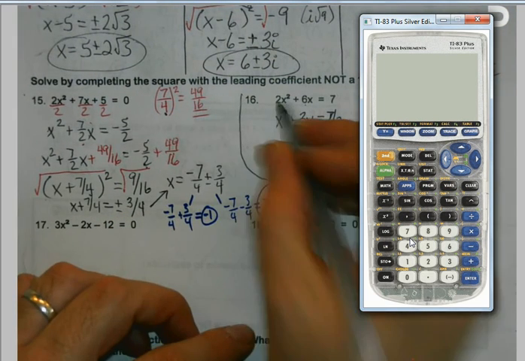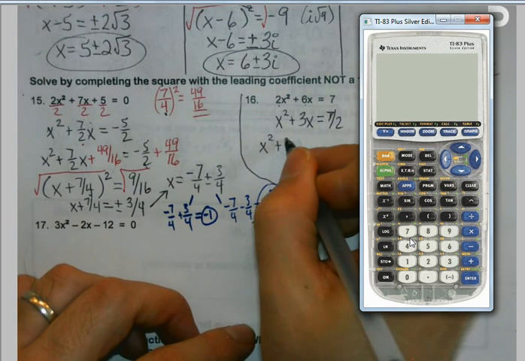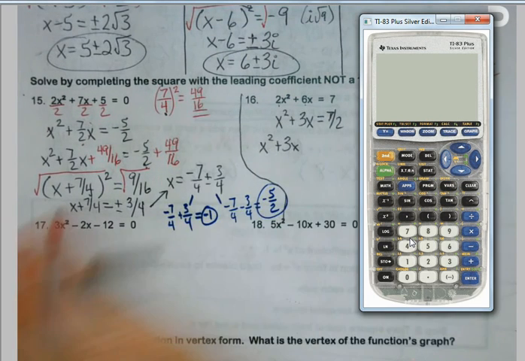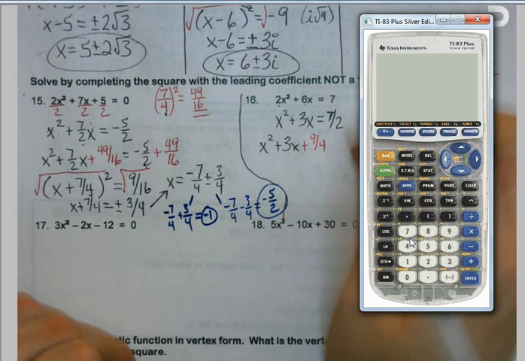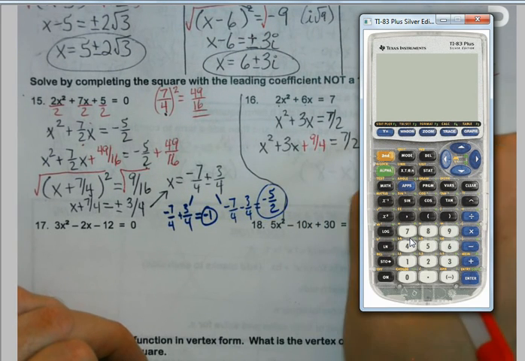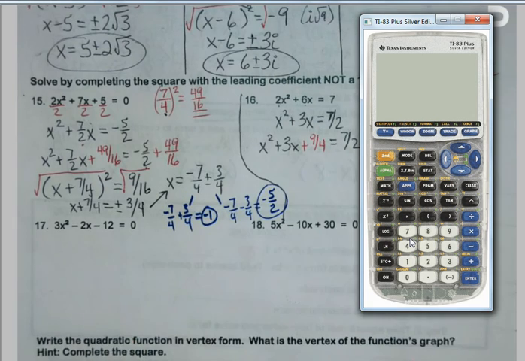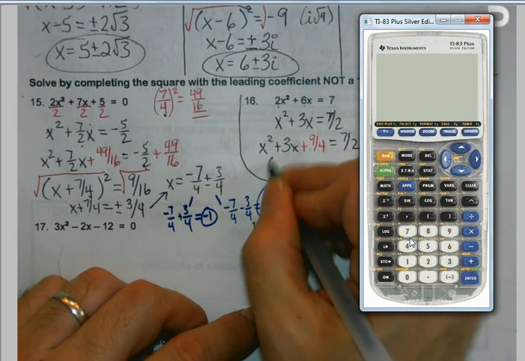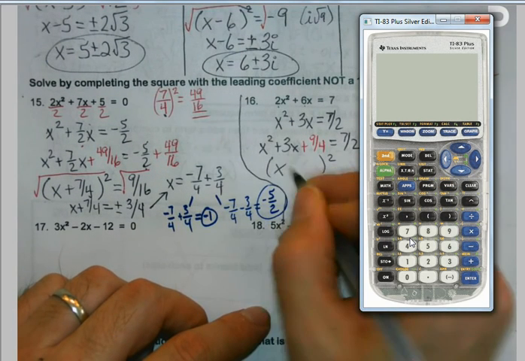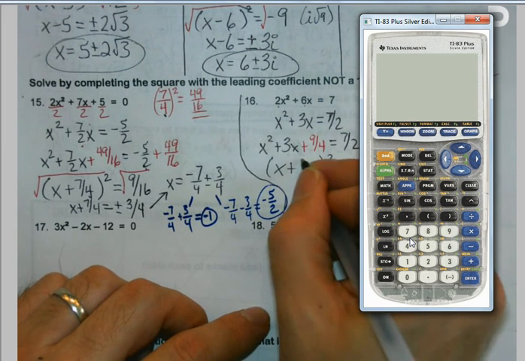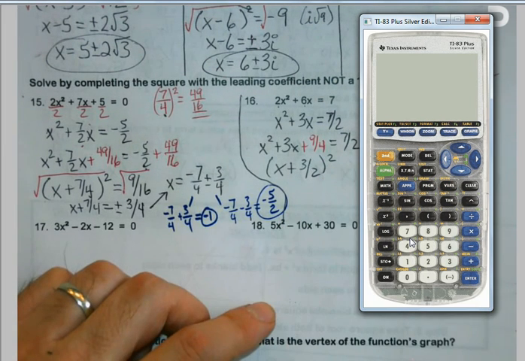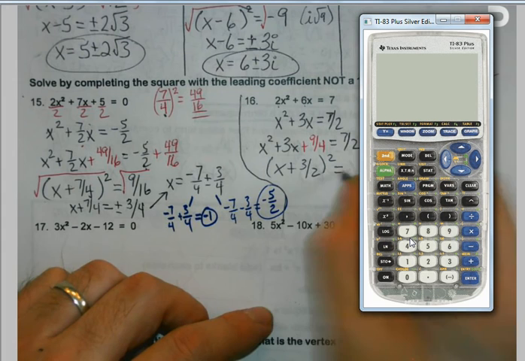The ones with the values in front normally don't start off real nice, but as we saw in 15, they can clean up pretty nice for us. And if some of you get to a point that you can go straight to the binomial form, again, that's fine. Just be cautious. Again, I don't have to think about this because I'm just going to use my b divided by 2.